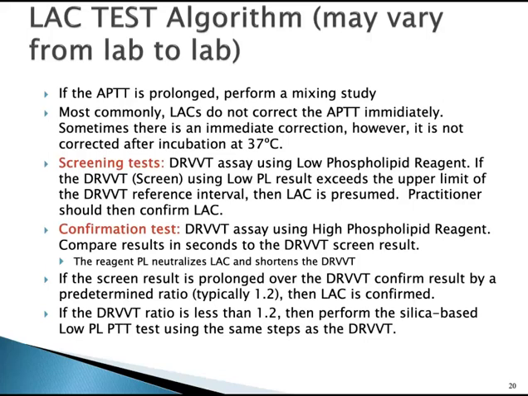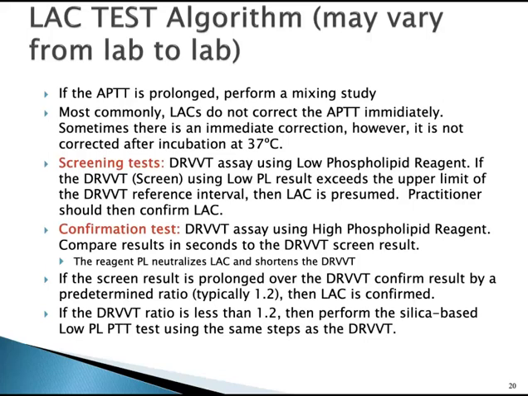And most lupus anticoagulant protocols will begin with a DRVVT, but they can also run the APTT, a phospholipid-based assay. All right, so let's begin with the screening test. So we use the DRVVT assay using low phospholipid reagent.